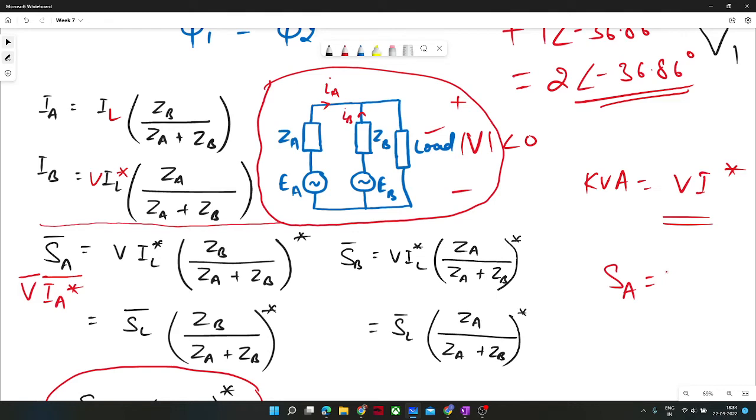So sir, the product will be the magnitude of V at angle zero into IA, the magnitude of IA with some angle, simply. And you are saying that it should not be IA conjugate. No sir, VIA conjugate is wrong according to you.